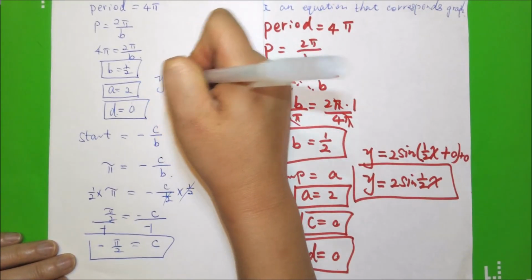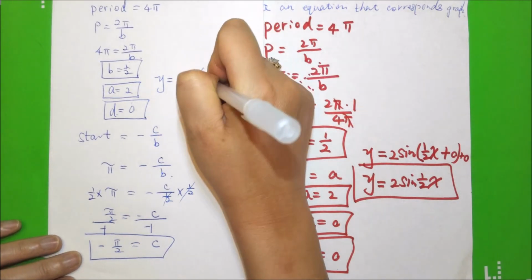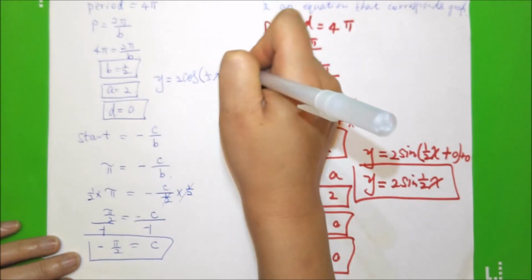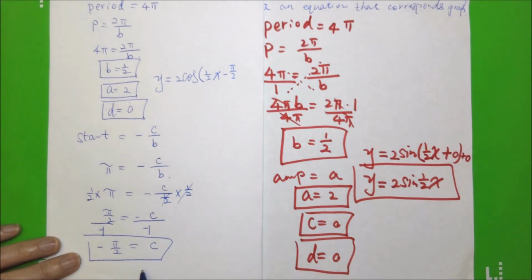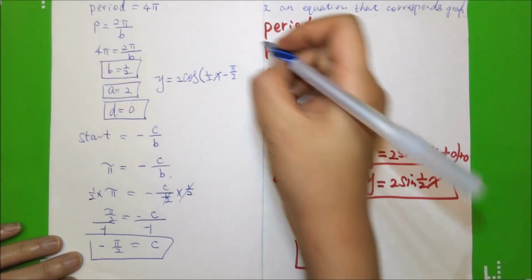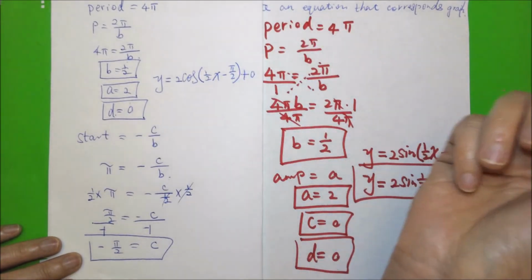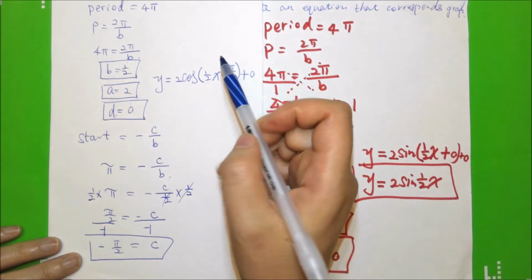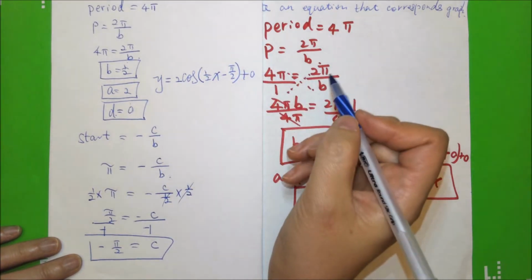At the end, because I have A, B, C, and D, I'm ready to write the equation for the function. Y equals 2 cosine parenthesis 1 over 2x minus pi over 2, because of plus c, my c is negative pi over 2. Close the parenthesis, plus 0. It's very important when you write the equation that you make sure you keep the parentheses.